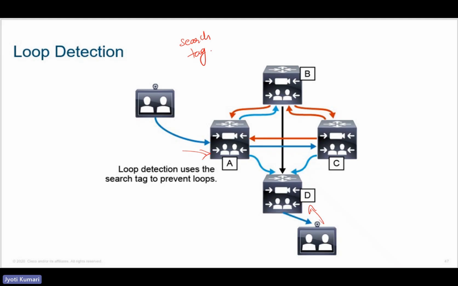By having the search tag, which remains the same for all the search requests, the receiving Expressway can check if it has already received that search request with the same search tag. If it has, then it can ignore the other requests coming in further with the same search tag. So that can prevent loops. This is simply a mechanism in the Expressways to avoid continuous loops in case of neighbor zones.